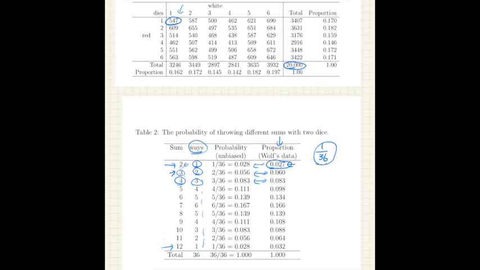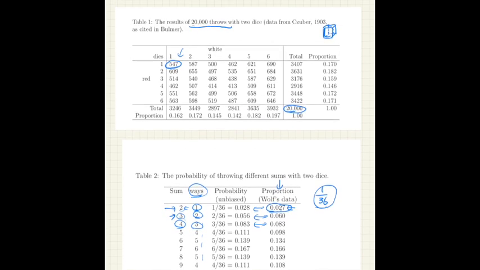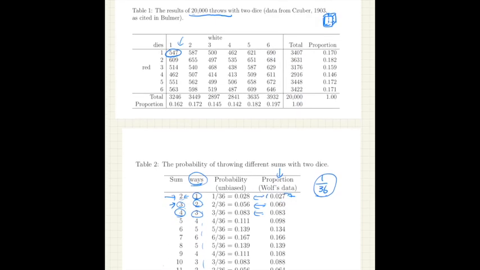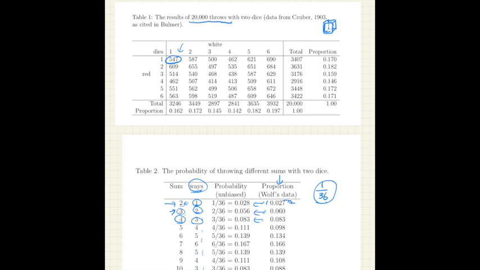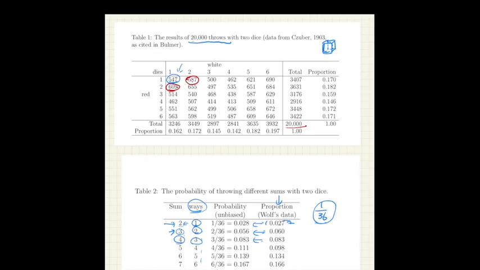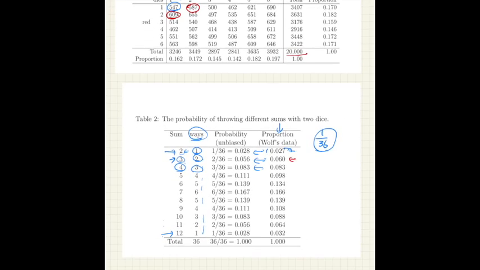These numbers divided by 20,000 give these numbers. Of course you have to add them. For the sum of 2, there's only one possibility, but for the score of 3 you have two possibilities, this and this, so you add them and divide by 20,000.